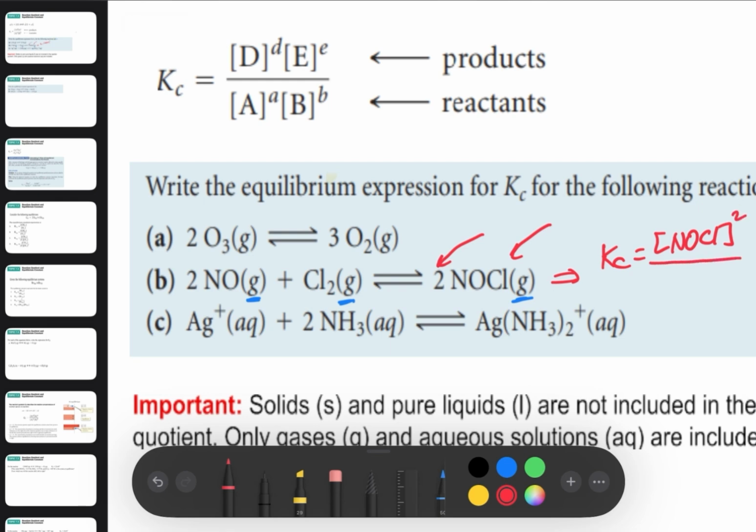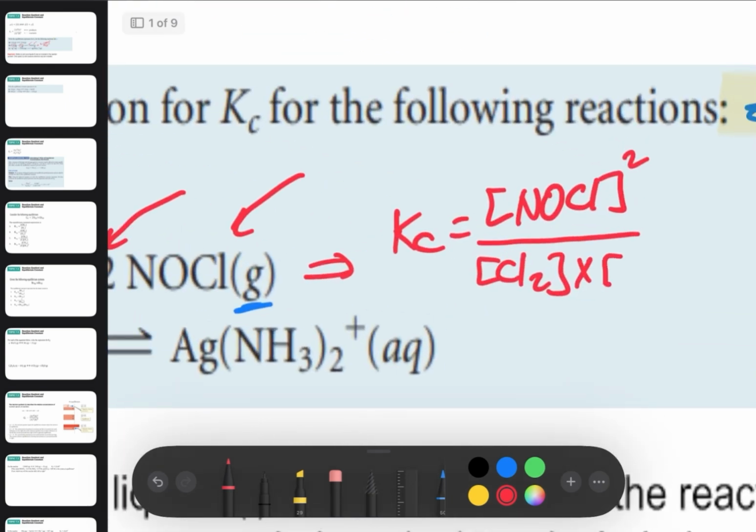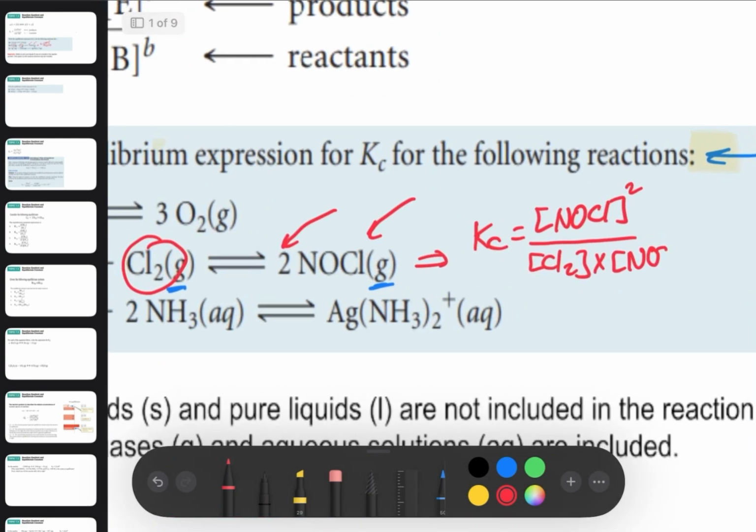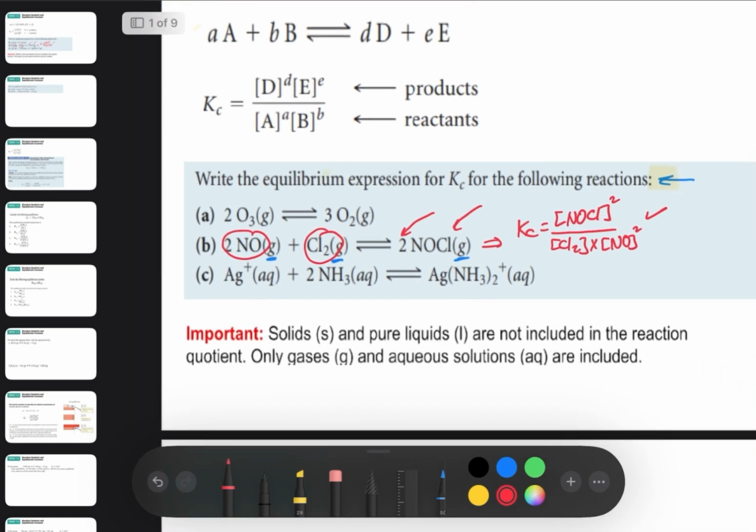Over it, you have two reactants. You have Cl2 in square brackets, not multiplied by anything, so it's raised to the power 1, multiplied by NO raised to the power 2. So this is the expression of Kc for this reaction.